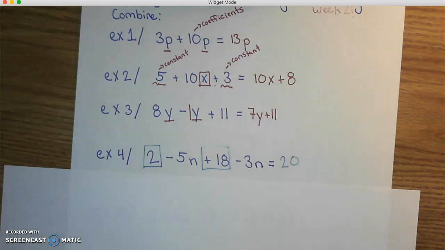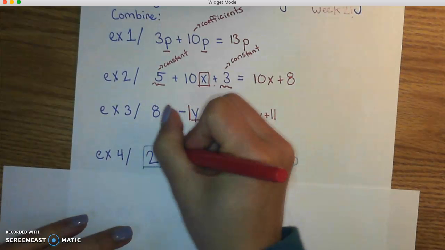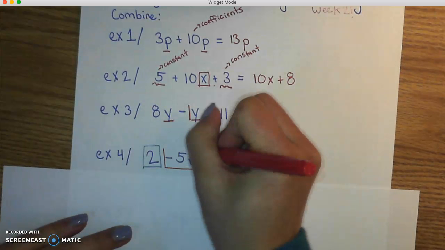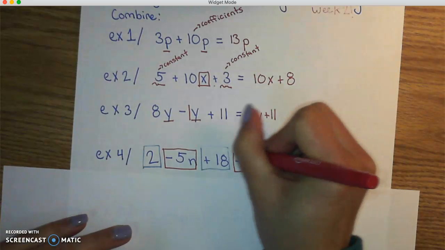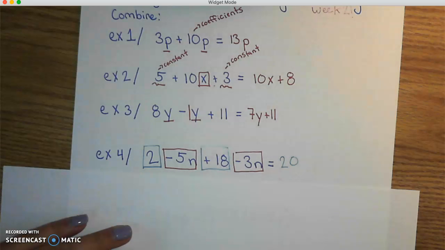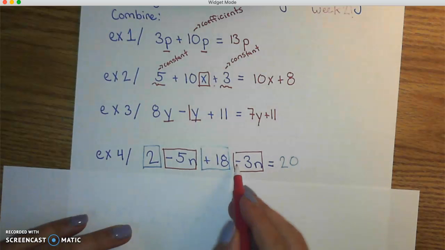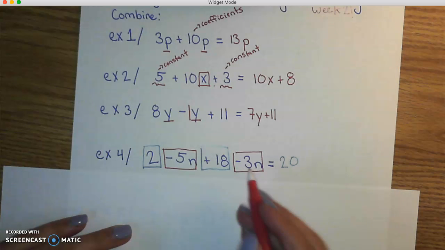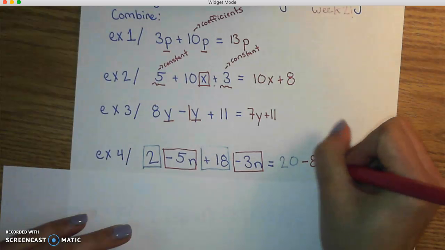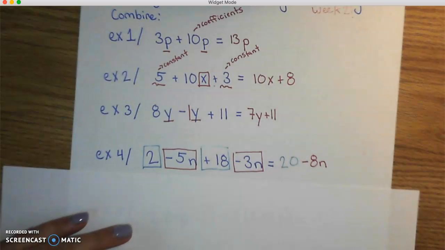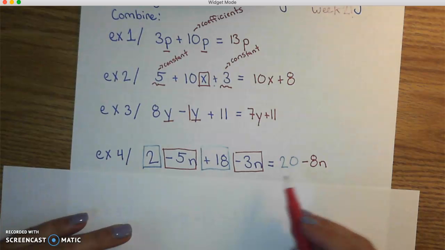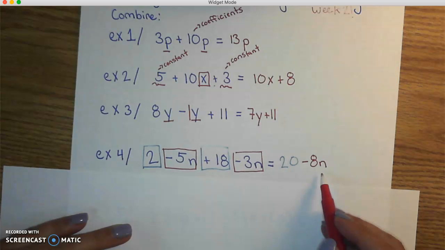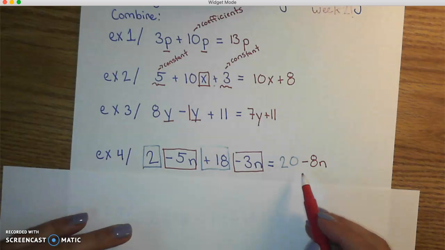And then what's my team variable? Team n. I have negative 5n minus 3n. Negative 5 more negative by 3 is negative 8n. Do these two go together? No, because this is a constant, this is a variable n, and they are not the same.